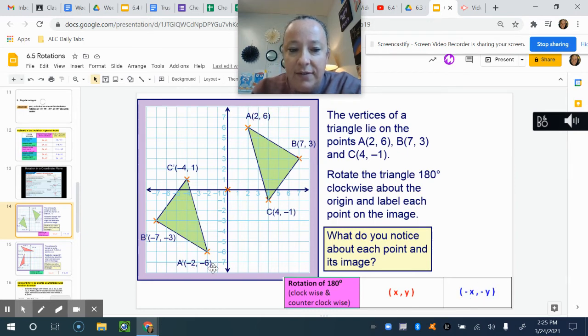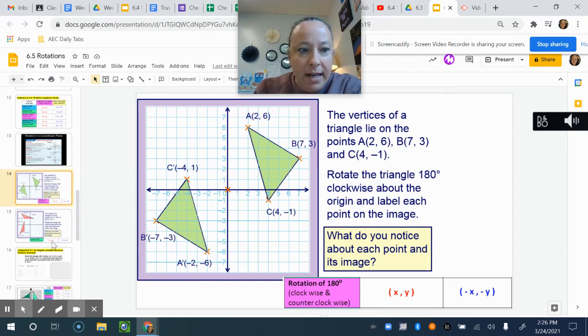So it'd be (negative 2, negative 6). And so B is (7, 3), that's going to be (negative 7, negative 3). C is (4, negative 1), that's going to be (negative 4, 1). All right, so you need to make sure that you understand that. Now, the 180-degree rotation is the easiest, okay? You're literally just keeping the x and y in the same spot and then just putting a negative.